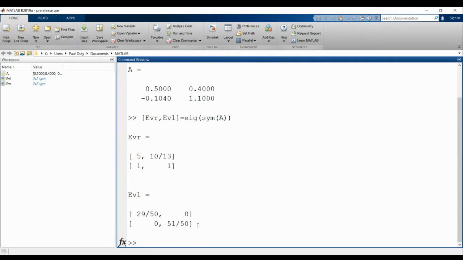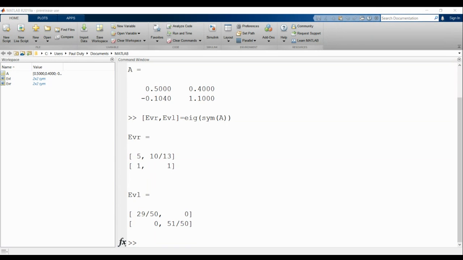Okay, so we'll go now back to the example, but are there any questions on what you're seeing here? Okay, all right, then let's get back to the example.